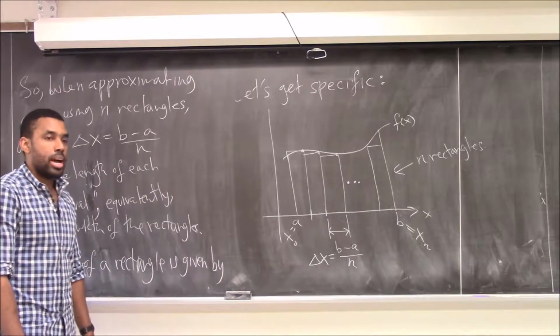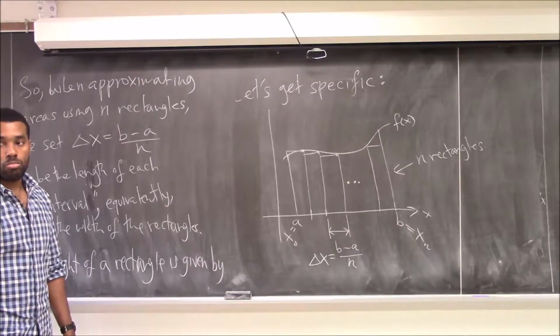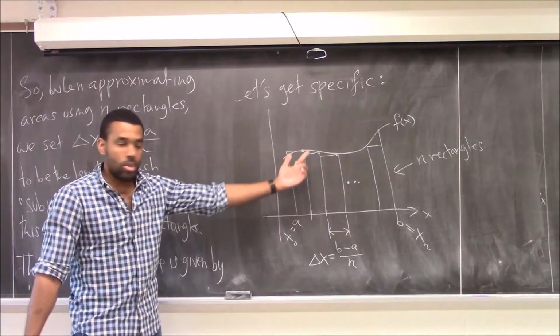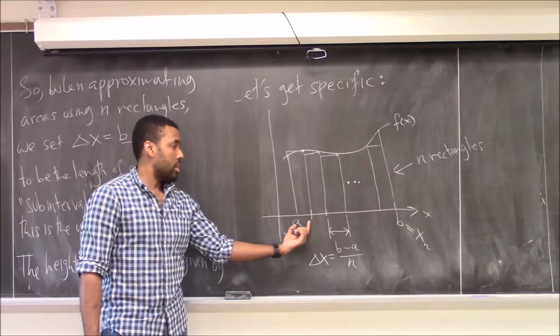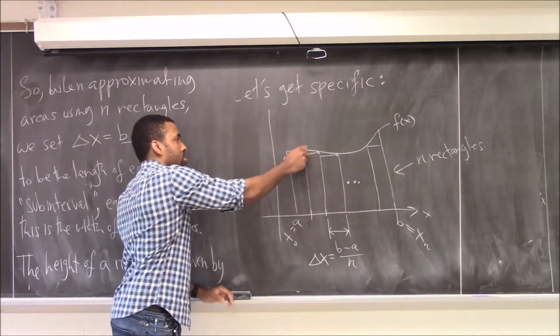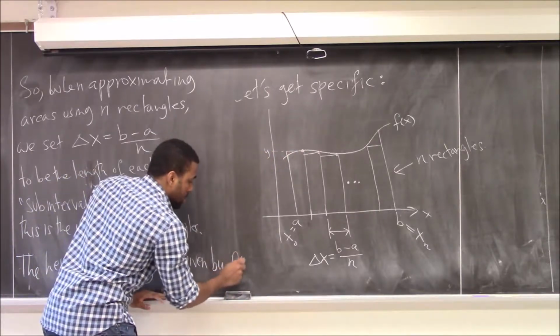How would I determine the height of any one of these rectangles? The y value. If I'm taking the left or right side, I'll know what x value I'm plugging in. To figure out the height, I plug that into the function, and the height of that rectangle is just a y value. The height is given by f of x.